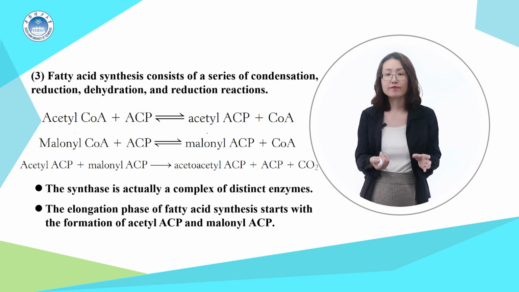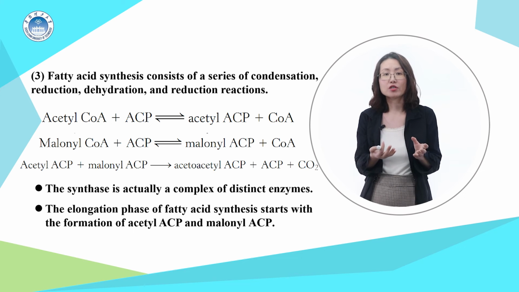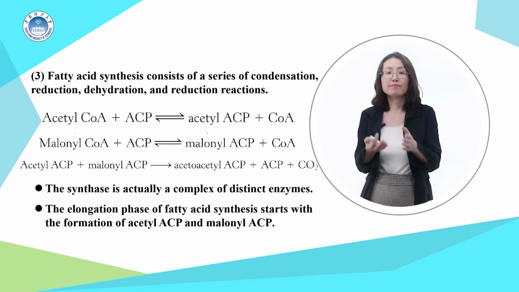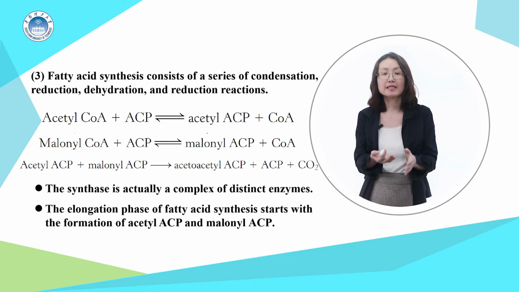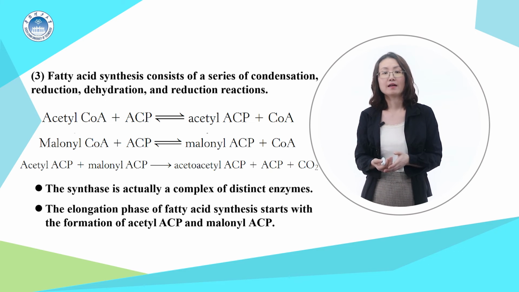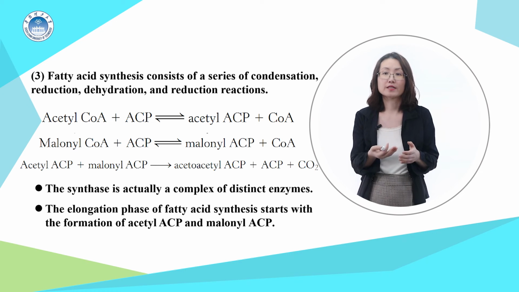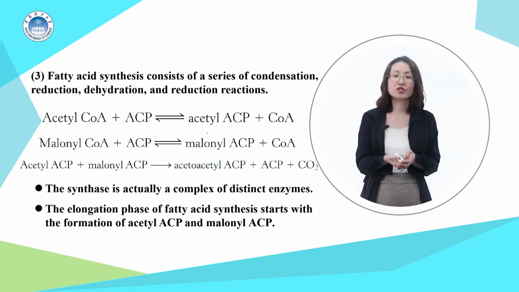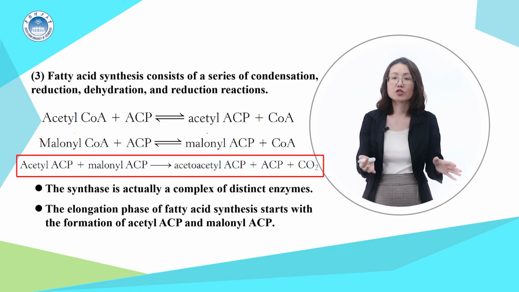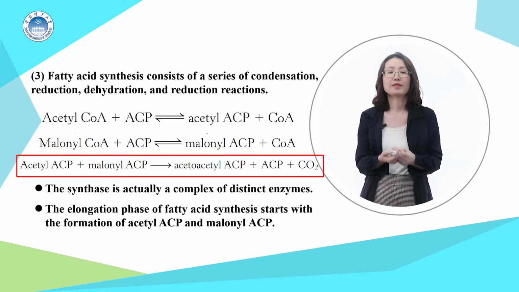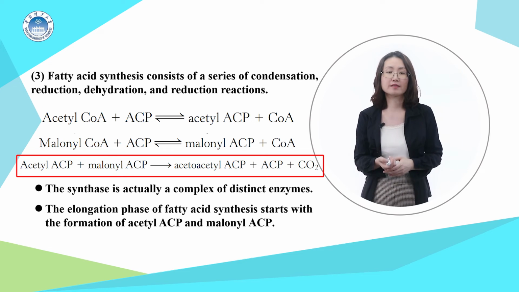The elongation phase of fatty acid synthesis starts with the formation of acetyl ACP and malonyl ACP. Acetyl transferase and malonyl transferase catalyze these reactions. In the condensation reaction, a 4-carbon unit is formed from a 2-carbon unit and a 3-carbon unit, and CO2 is released.